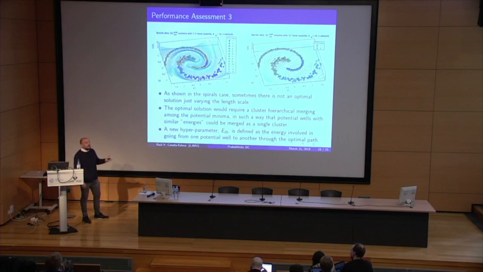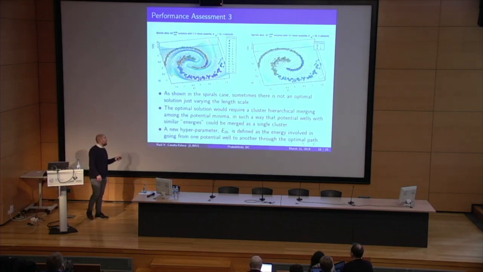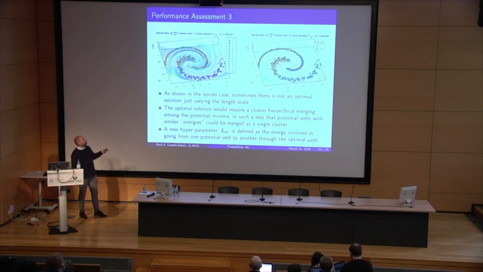You need to add another hyperparameter. That hyperparameter is based on this idea: imagine there is a potential well, another potential well, and potential wells around here. Those potential wells are somehow connected.